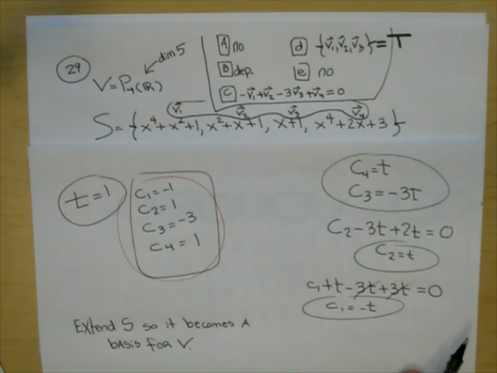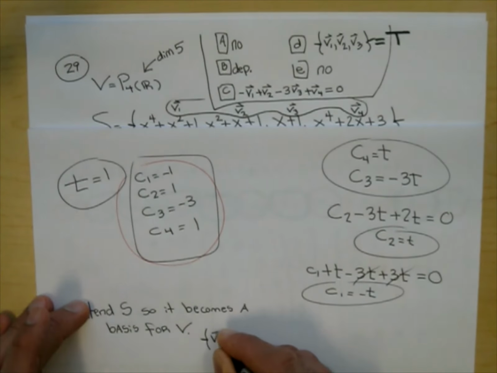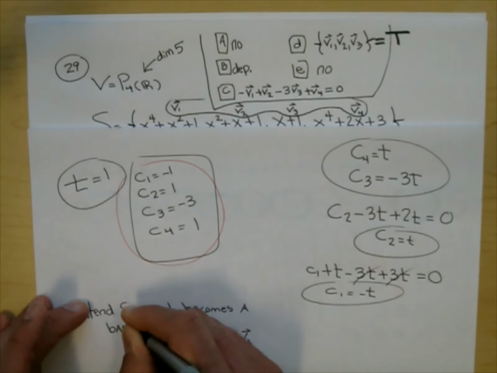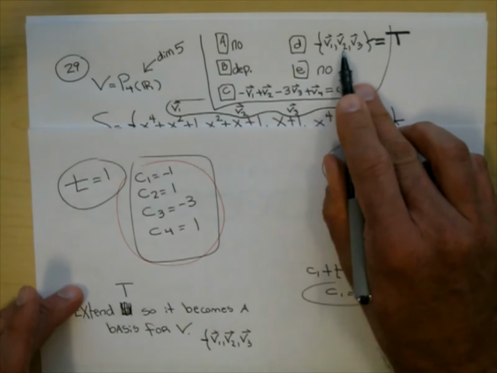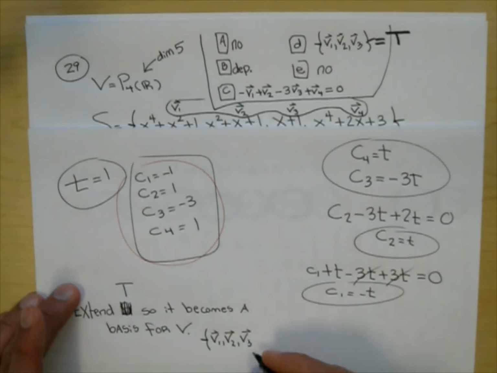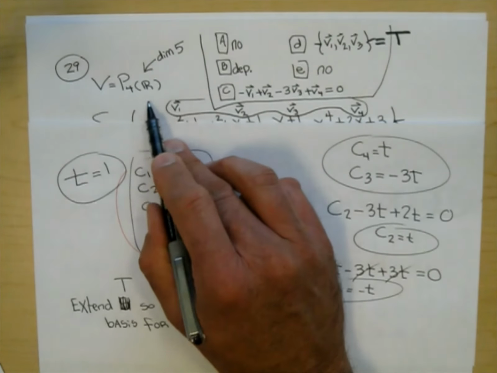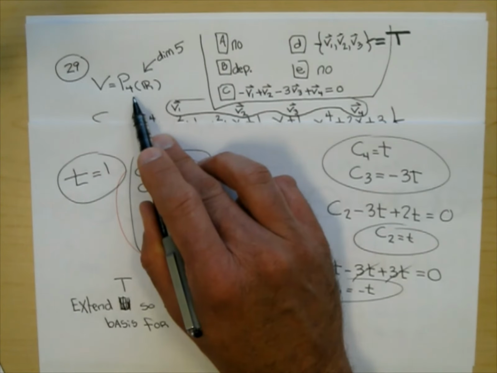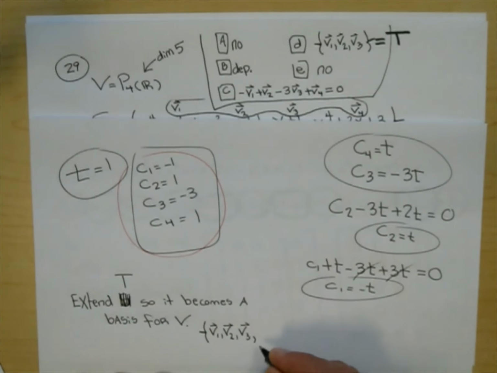So when we extend our basis, I'm going to go V1, V2, V3, and let's cross this out and say extend T, which happens to be those 3 vectors. And what I'm going to do is add another vector. I'm going to consider the standard basis of P4, which is 1, x, x squared, x cubed, x to the 4th. And since I didn't see any x cubed in there, I'm going to put an x cubed there.